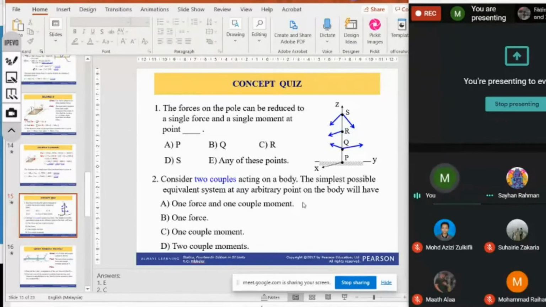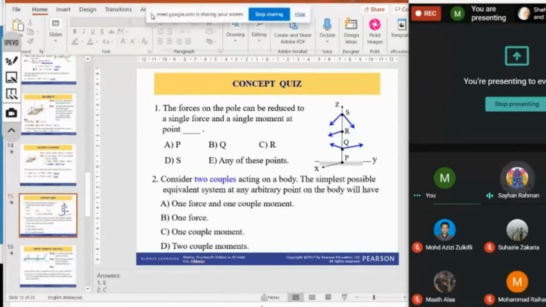If you have two couples, obviously the resultant force will be zero, right? For any couple, resultant force will be zero. So the simplest one will obviously be one couple moment. Yes, that is correct, because the couples themselves cancel out each other if you consider them linearly. Okay, thank you, Doctor. Welcome.